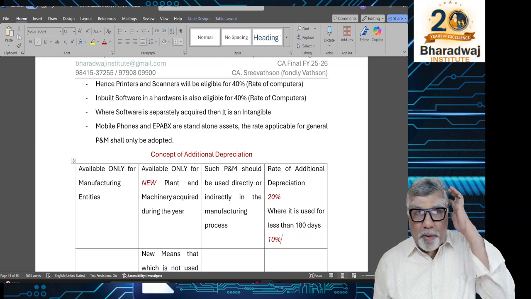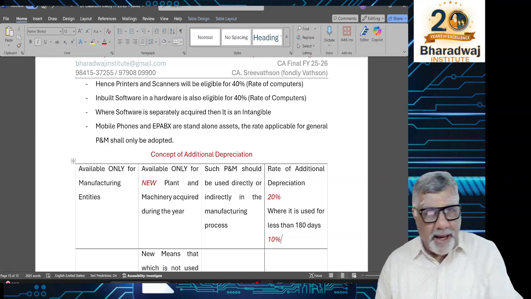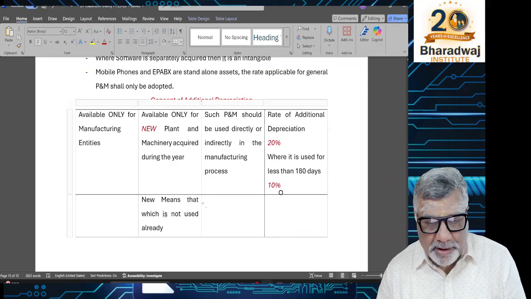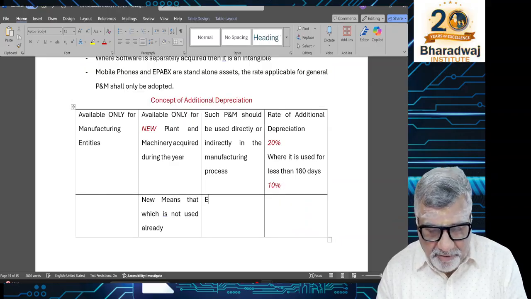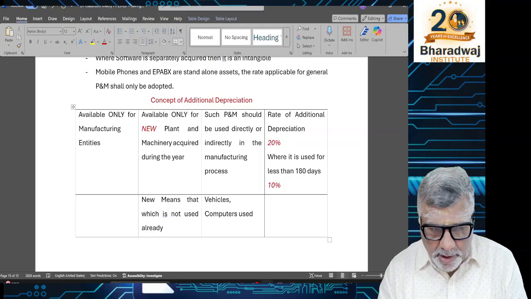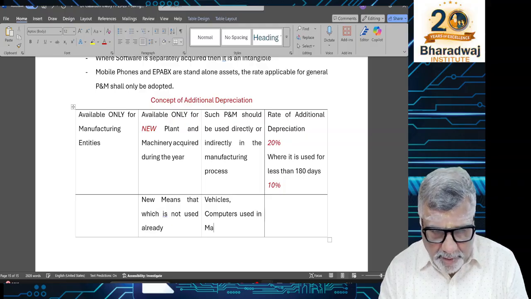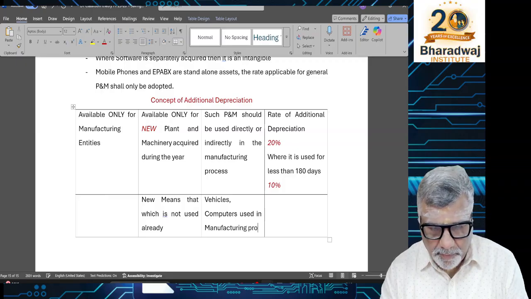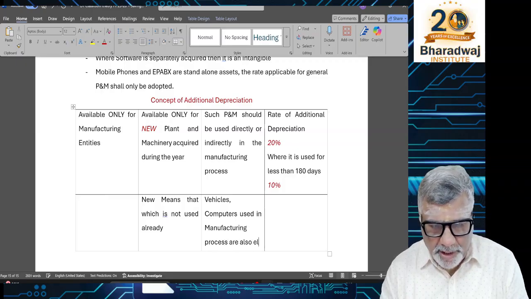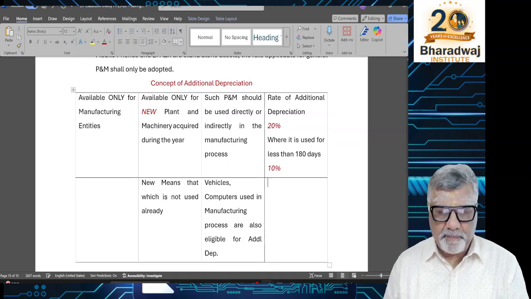The plant has an importance also here. Vehicles and computers used in the manufacturing process are also eligible for additional depreciation.